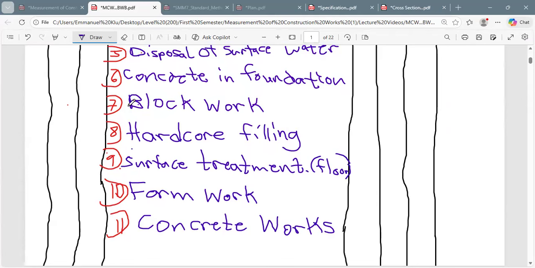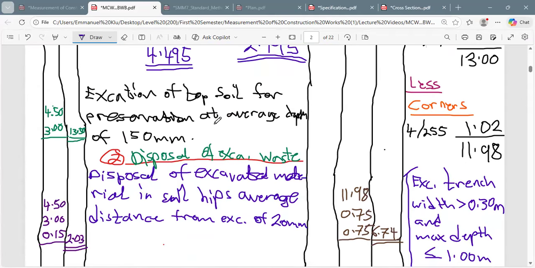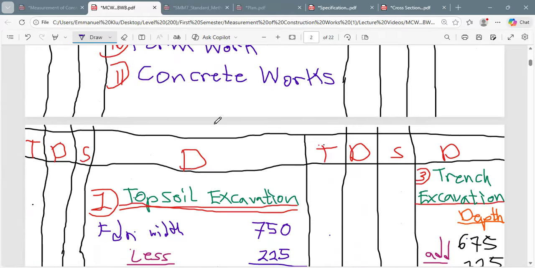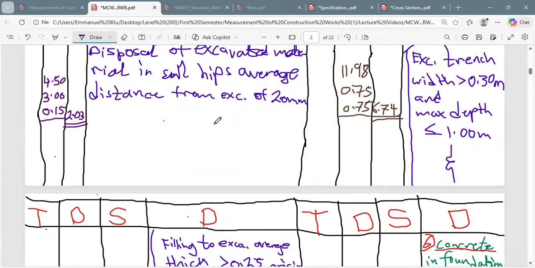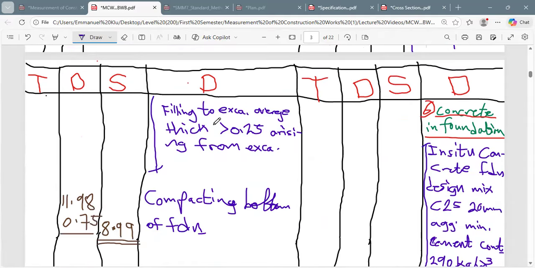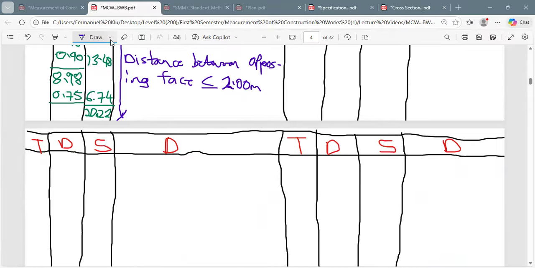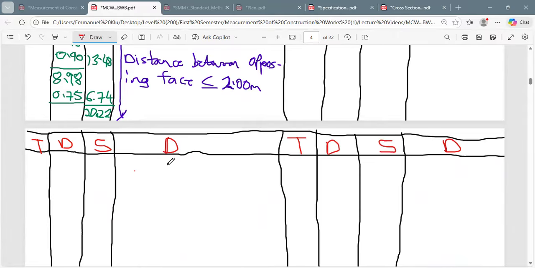So let's go to the block work, which is number 7. So 7 is block work.